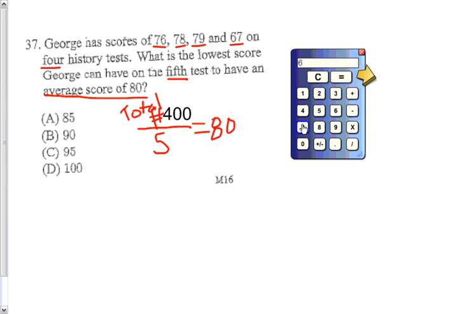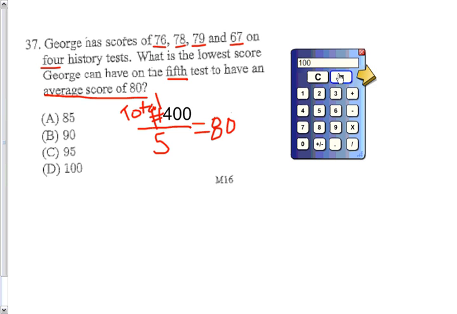Minus the 67. If I could learn how to use this calculator, I'd be in better shape. Let's try it one more time. Repetition never hurts. 400 minus 76 minus 78 minus 79 minus the 67. Yeah, I got it right that time. Good for me. And that all equals 100.